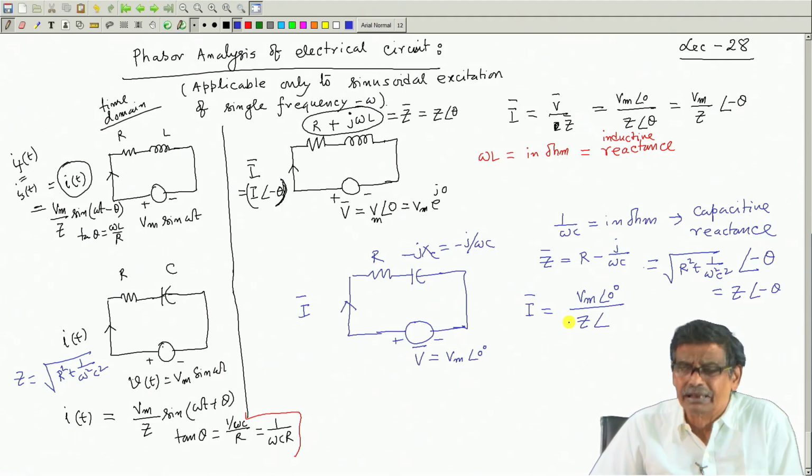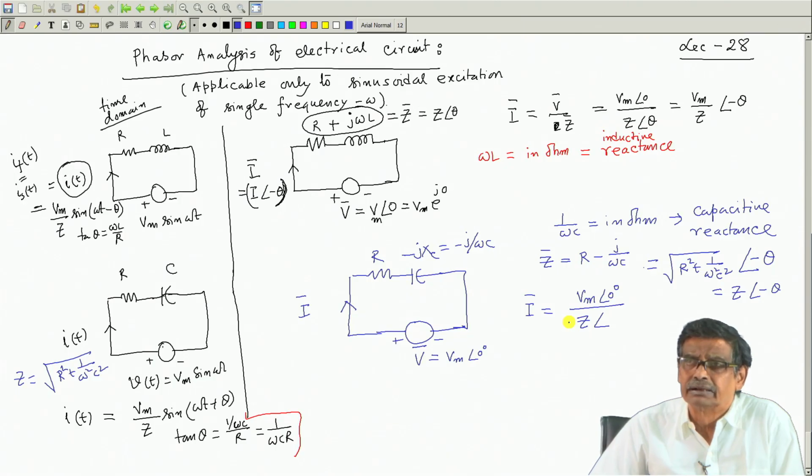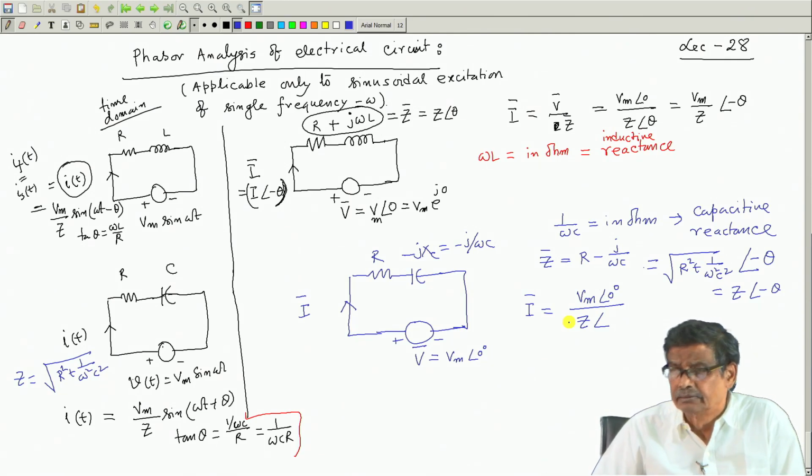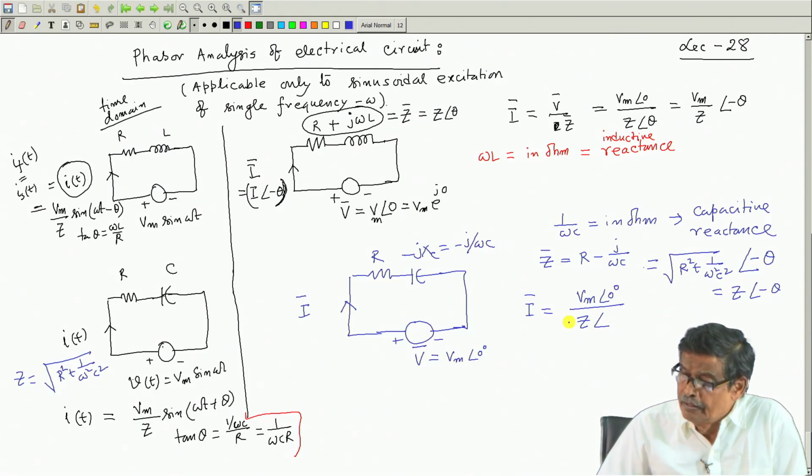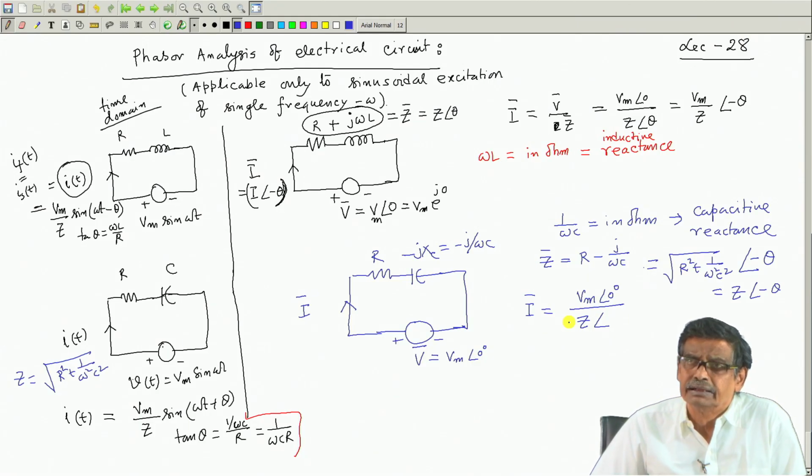But nowadays the scientific calculators will have all the provisions, you can mix up, multiply a complex number which is expressed in polar form, and another in rectangular form, a plus j b form, and they will give you the result. You can easily switch over from polar to rectangular wherever you want. Polar form is always better in the sense that it gives you the magnitude of the phasor as well as its phase relationship with respect to reference phasors.